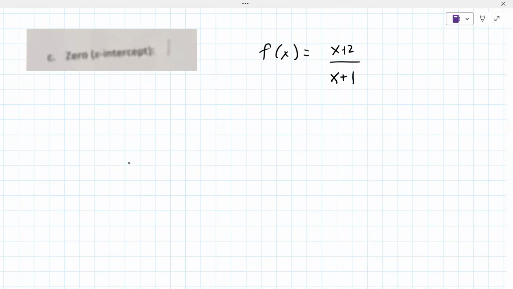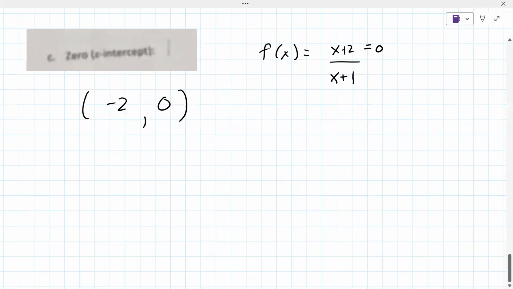I think x is the numerator. Is that correct? That's right, top equal to 0. So it would be -2. Yep. What is it as an ordered pair though? -2 comma 0.